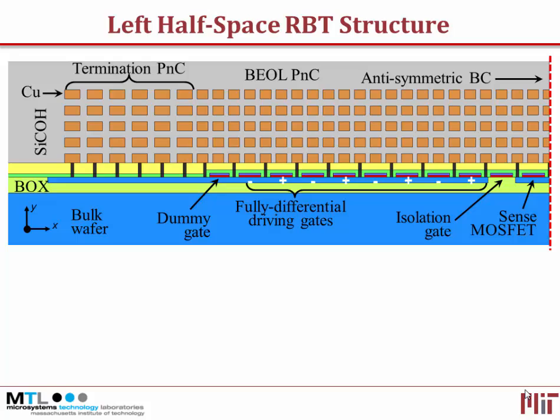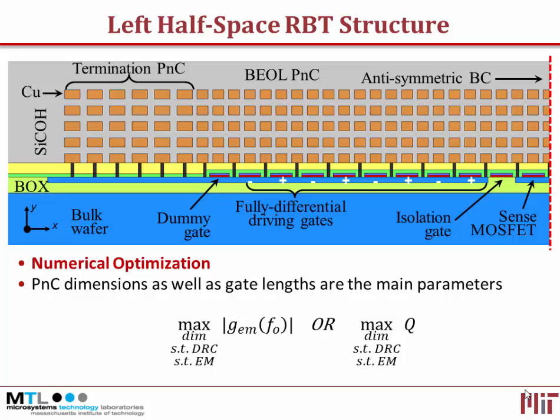So in order to prevent this from happening, we basically need to match the dispersion characteristics of the waveguides. And unfortunately, we cannot do that without numerical optimization. So we started working on this, and as an optimization parameter, I basically used the different dimensions of the different waveguide sections, as well as the isolation gate and the sensing FET.